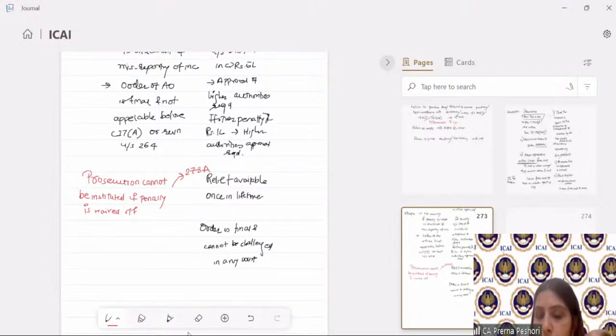Is that clear? Next is the Karnataka High Court decision, wherein the question before the court was, can prosecution be launched in every case where undisclosed income or unaccounted transactions are observed during the search, irrespective of whether there is a liability to pay tax, penalty or interest? Again, the court said that there has to be a willful attempt to evade tax.